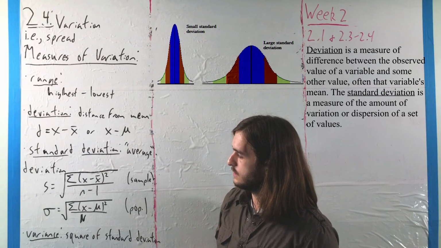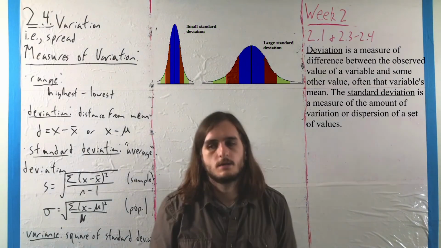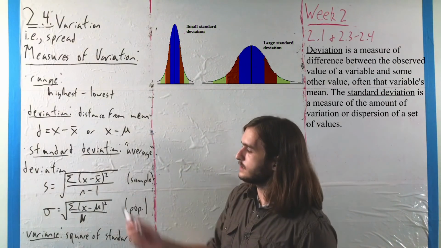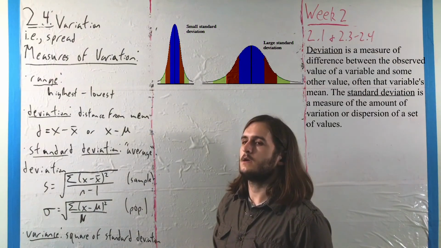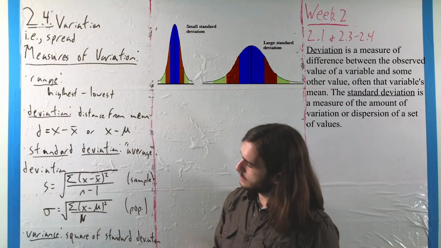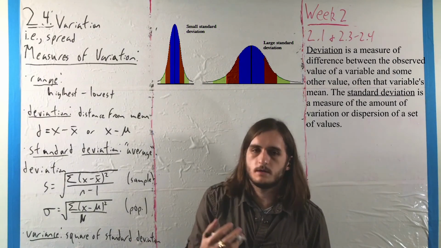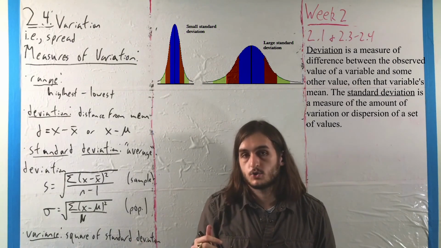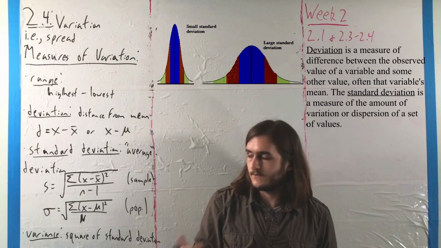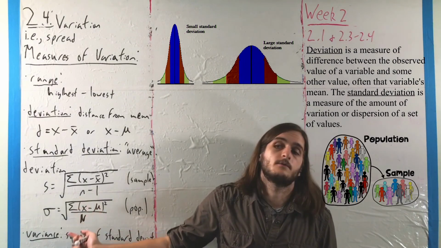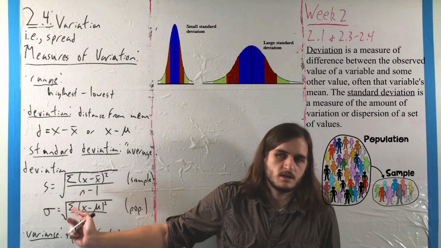And there is, at least to me, a somewhat intuitive reason for why S has a different formula than sigma, and it's because when we're talking about a sample versus a population, we should always leave the door open for a little bit of extra variability, for the fact that we're not getting all of the information in the population, we're just taking some of it.